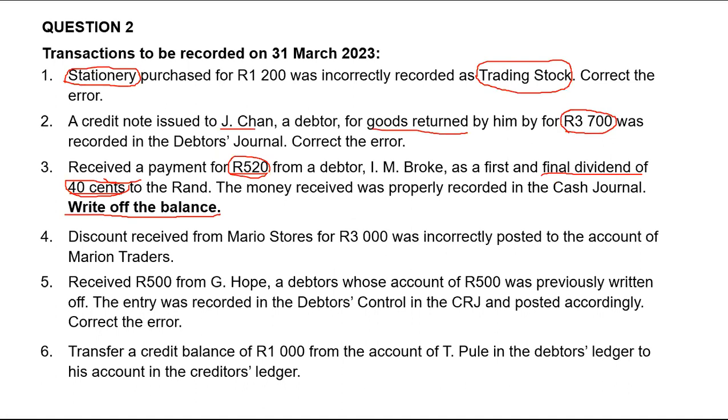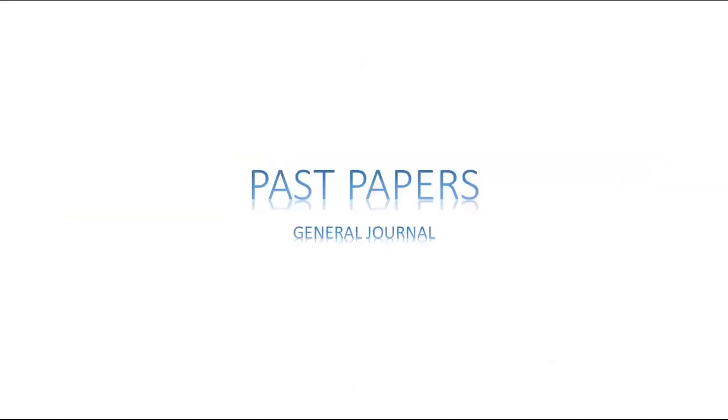The next one says that the discount received from Mario Stores for 3,000 was incorrectly posted to the account of Marion Traders. So for this one, I have to show you the error. Okay.